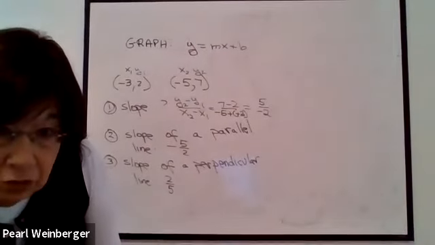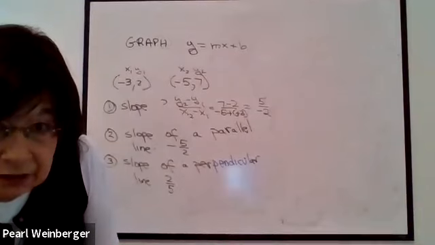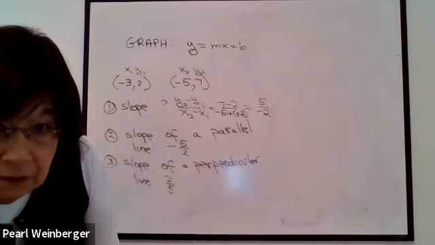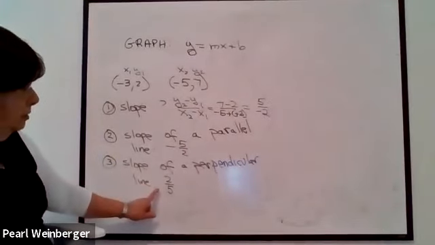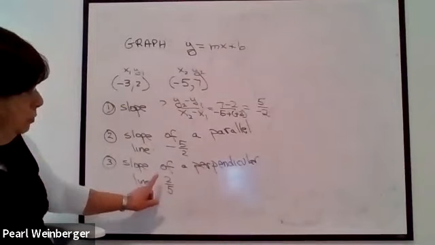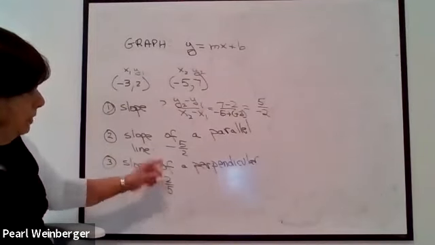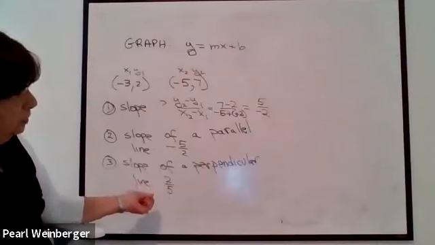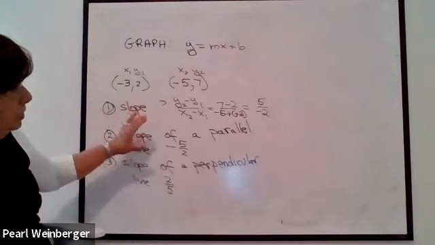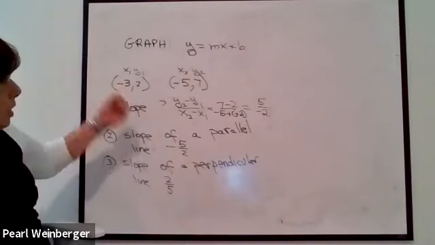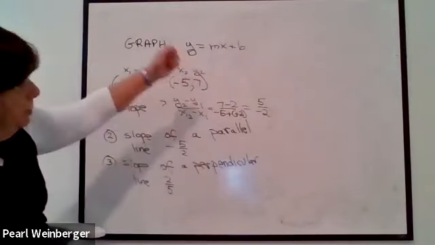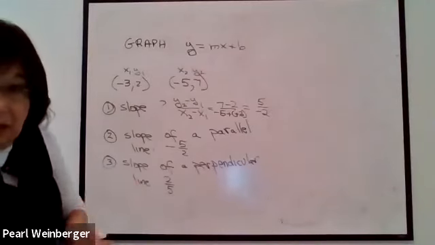So once you know that you have parallel or perpendicular lines, you would know how to get the slope. Don't forget, you must not only flip it over, you must not only take its reciprocal, but you have to change the sign. In a pair of perpendicular lines, one of them has a negative slope, the other one has to have a positive slope.